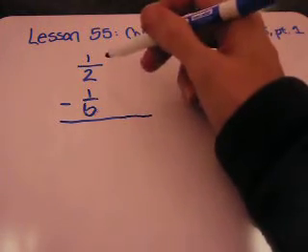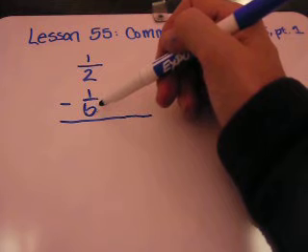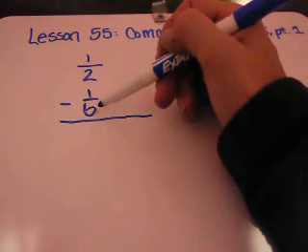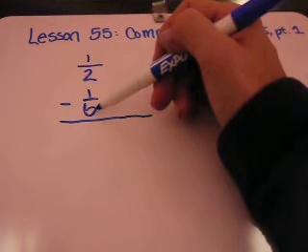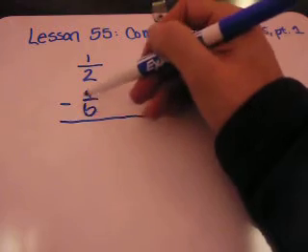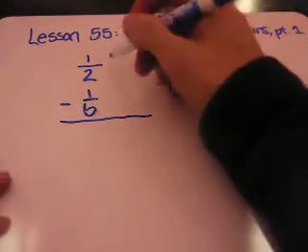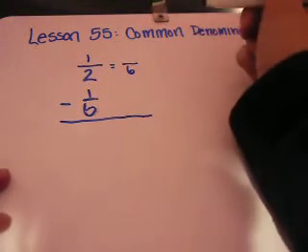Now this was a nice one that they gave us because they happen to give us a denominator of 6, which is also our least common denominator because 2 thankfully goes into 6. So what that means is this guy gets to stay the way he is, but 1/2 needs to become something with a 6 on the bottom.